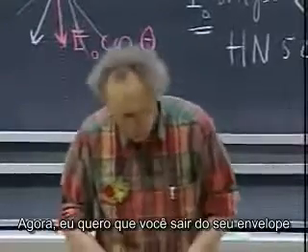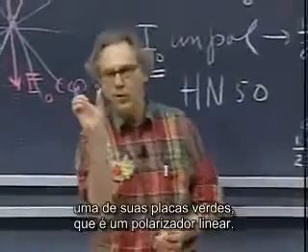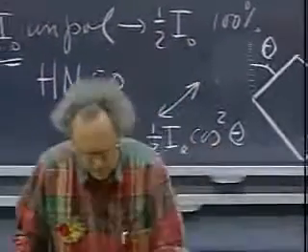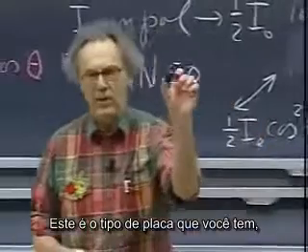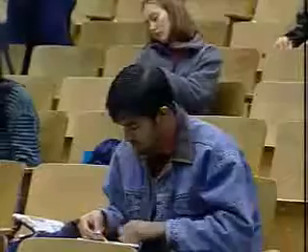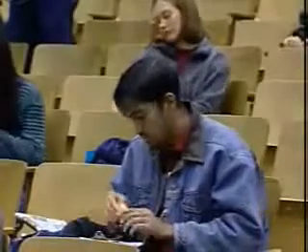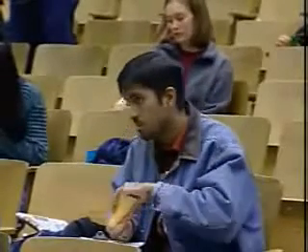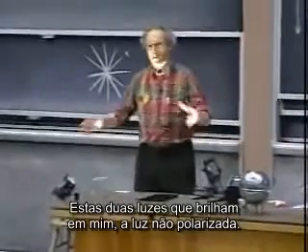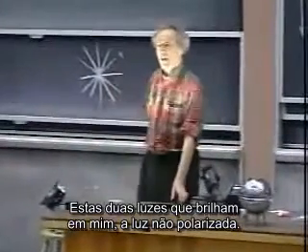Now I want you to get out of your envelope one of your green plates, which is a linear polarizer. This is the kind of plate that you have. You have 3 in there. Only take 1 out. These 2 lights shining on me, unpolarized light.